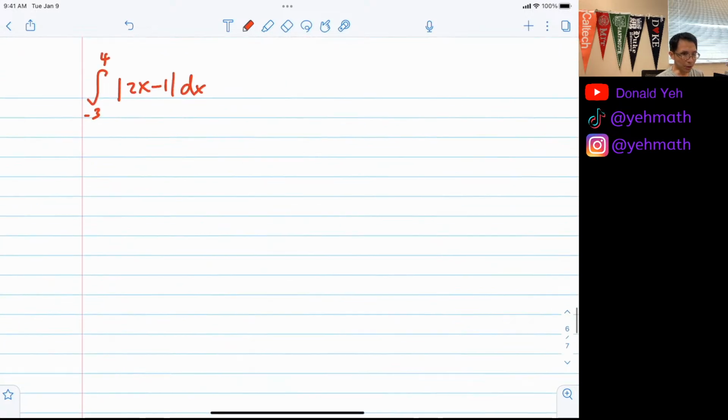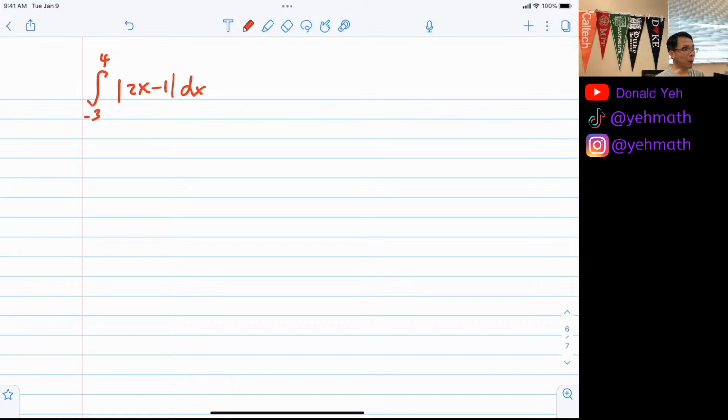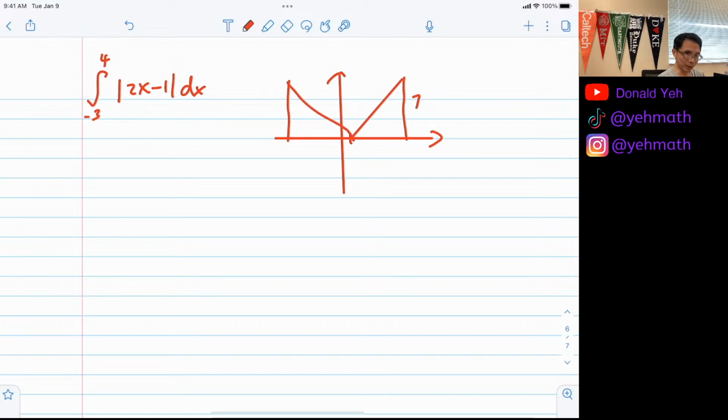Now, let's look at this question. If you had done arithmetic, it was so much work. But let's remember how to do it geometrically. Geometrically, I can do this very easily. It's 1/2 here. So how do I find the height? I plug in the 4. That's equal to 7, right? And I plug in the other side, negative 3, and I also get a 7.